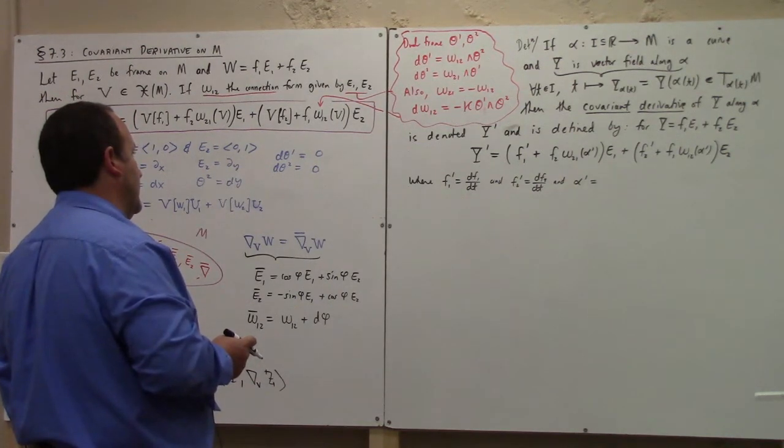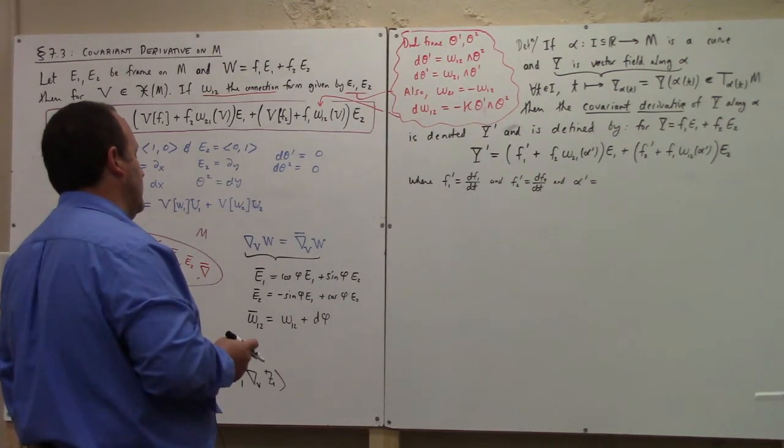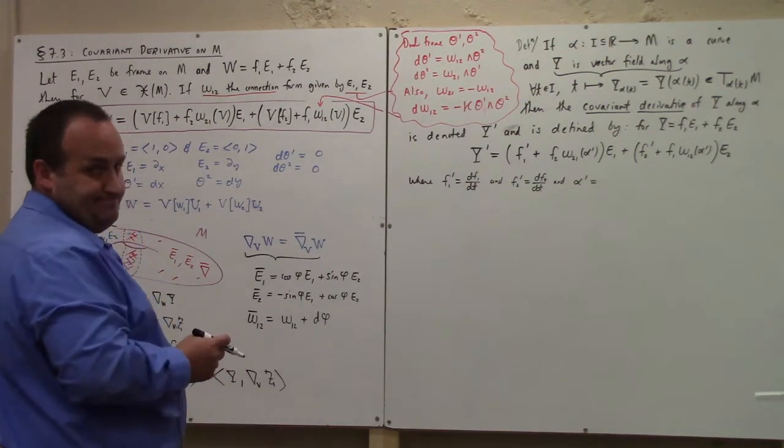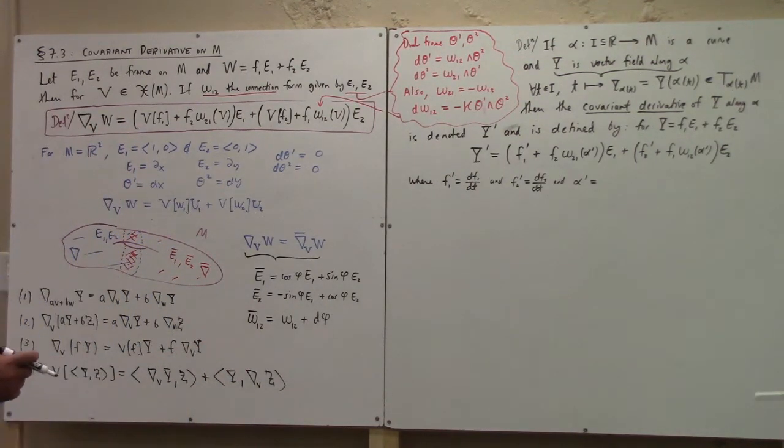But the question is, what does alpha prime mean here? Is alpha prime not the function that maps I to M? So, for alpha prime to make sense, it has to be a tangent vector to the surface.